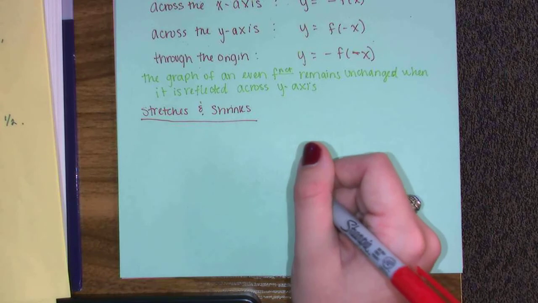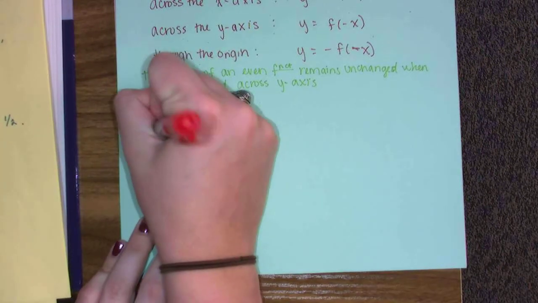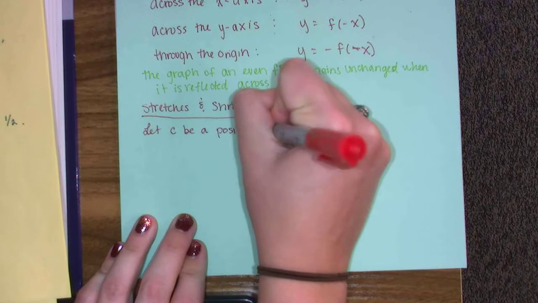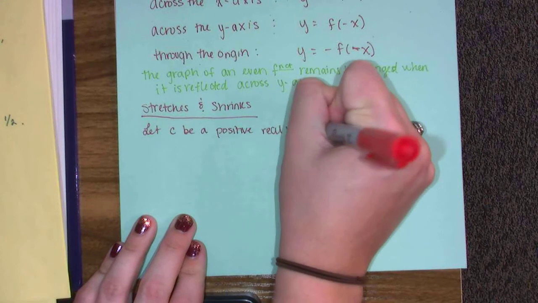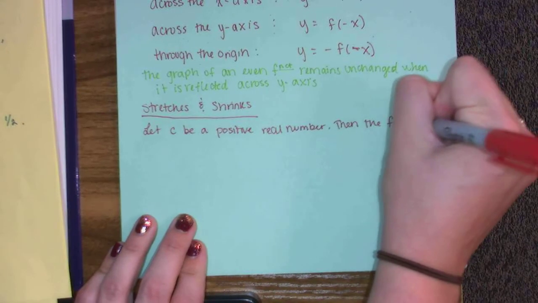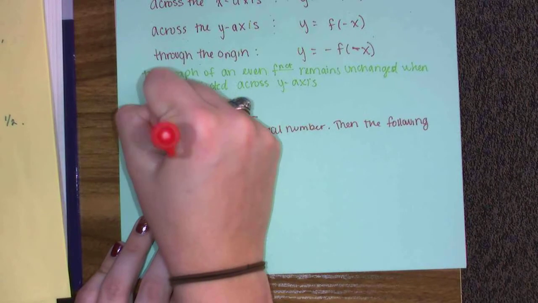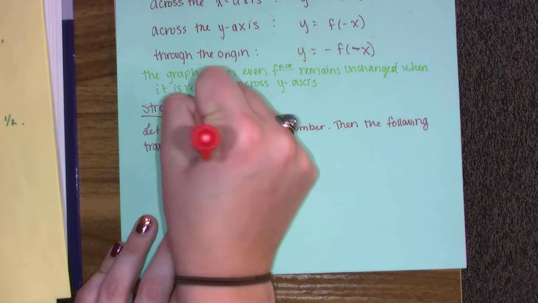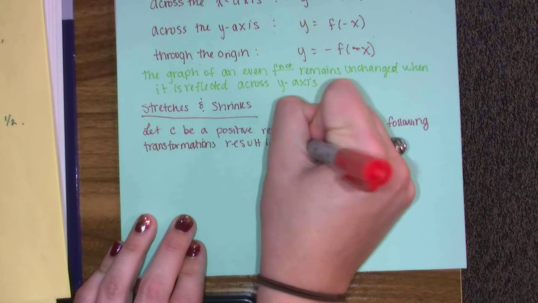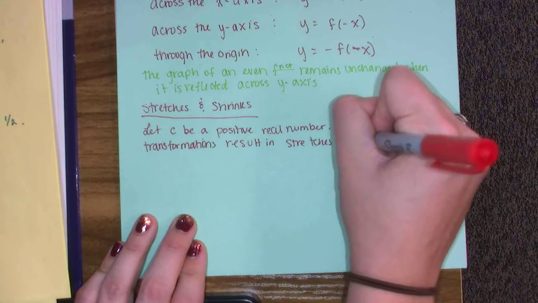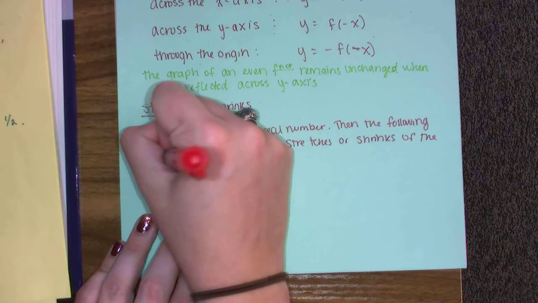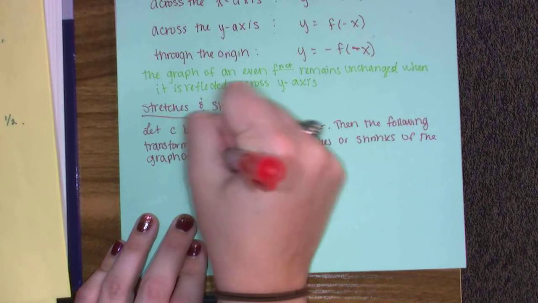Alright, stretches and shrinks. Let C be a positive real number. Then the following transformations result in stretches or shrinks of the graph of y is equal to f of x.